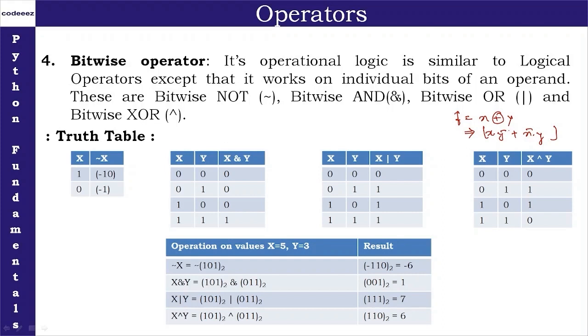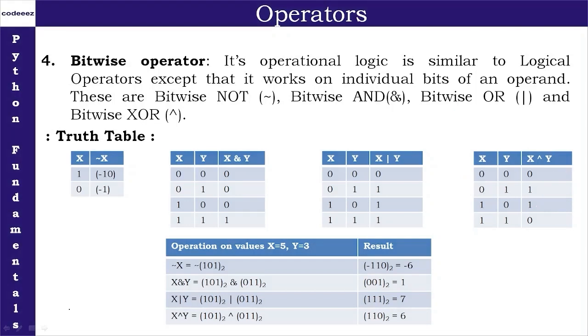When the values supplied to the XOR operator are of the same kind, that is both are 0 or both are 1, the final result will be false. And if both the values are unlike, that is 0 and 1 or 1 and 0, then only the final result will be true. So this is how the XOR operator works.